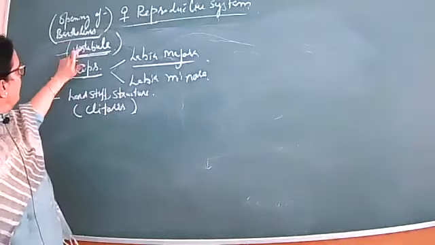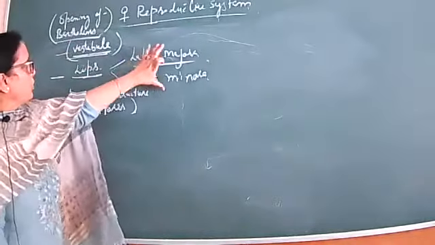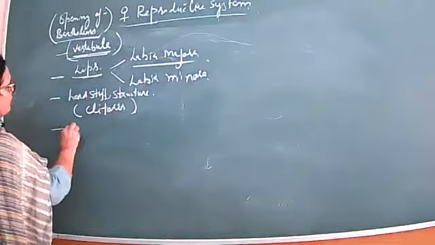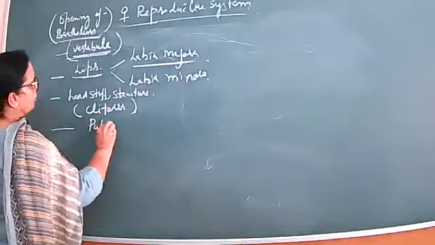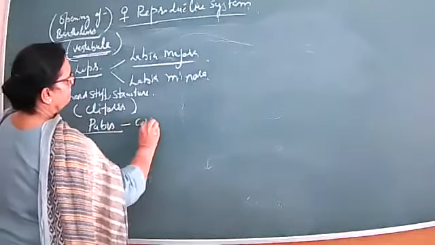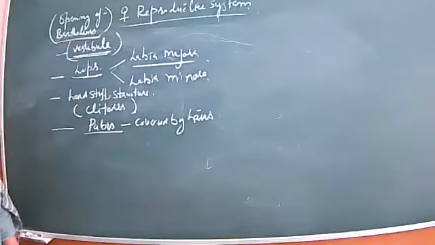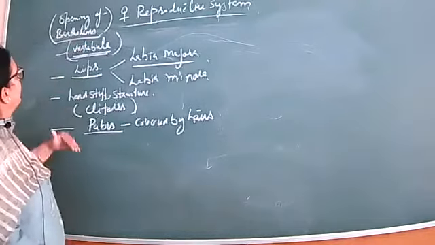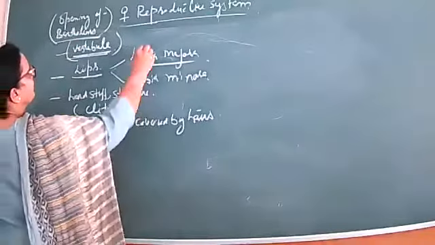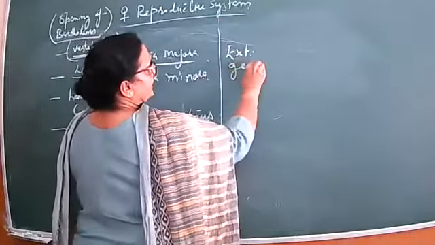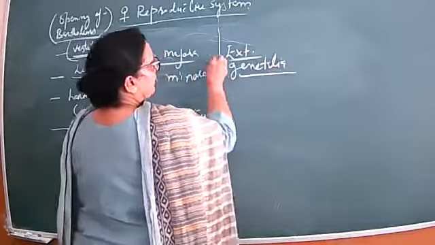So lips are there, then the vestibule is there, and these are external. The whole of that area externally is covered by hairs, and that area is known as the pubis. In this way, all these things which are visible externally form the external genitalia, right?